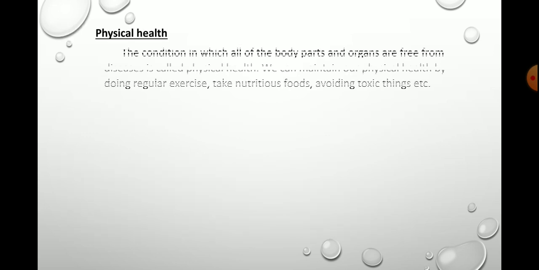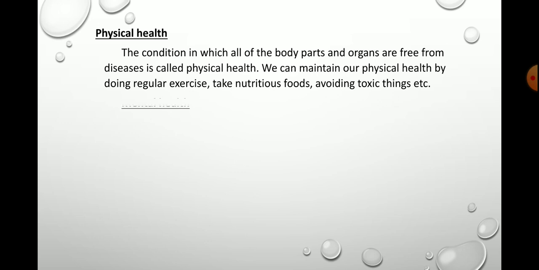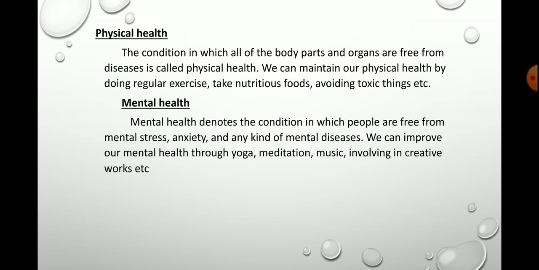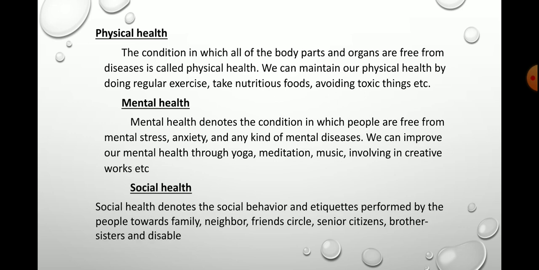So let's go to the next one. What does physical health mean, what does mental health mean, and what is social health? These things you can pause this video and read over here. You can do this yourself for a very short question, that means a multiple choice question.